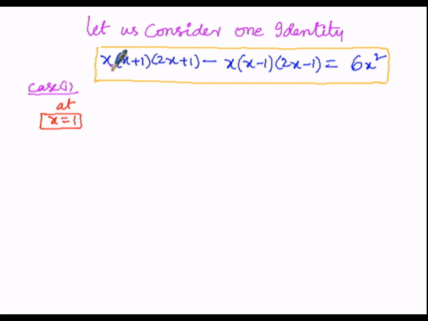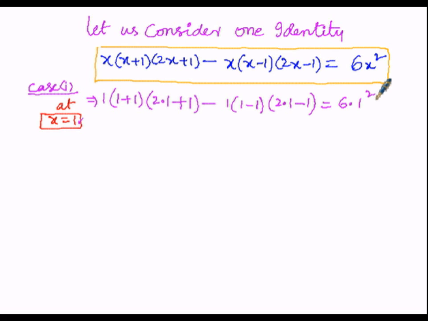When x is replaced by 1: 1 into 1 plus 1 into 2 into 1 plus 1, minus 1 into 1 minus 1 into 2 into 1 minus 1, equals 6 into 1, that is 1 square.